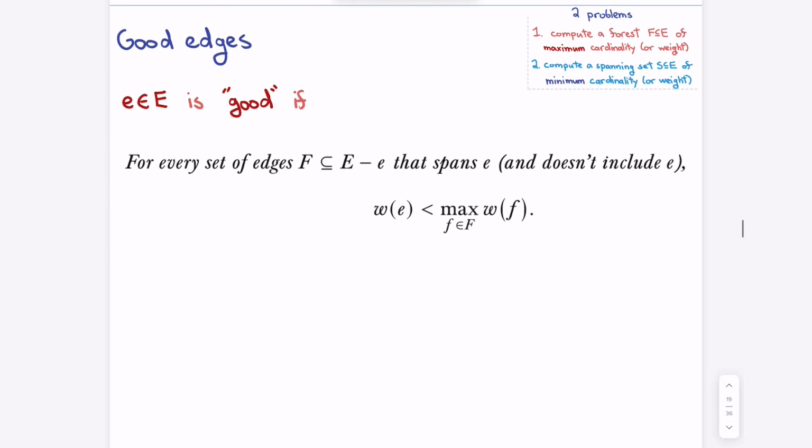Okay, so our approach is going to center on this notion of good edges. Good means this.